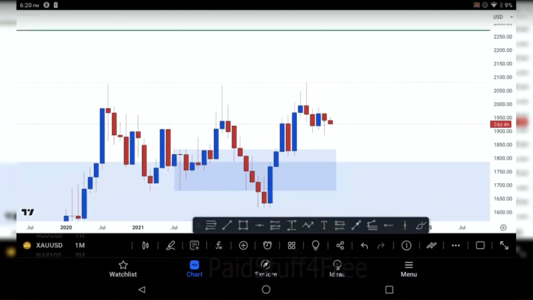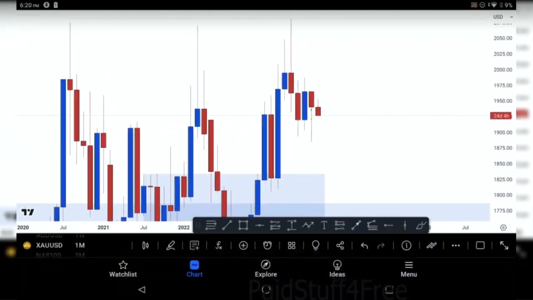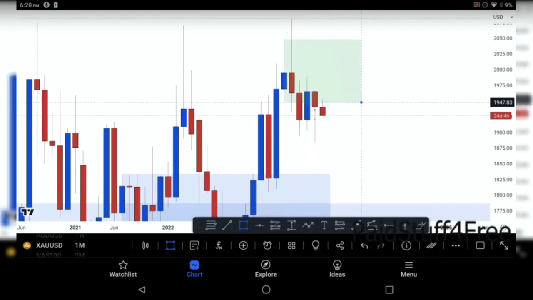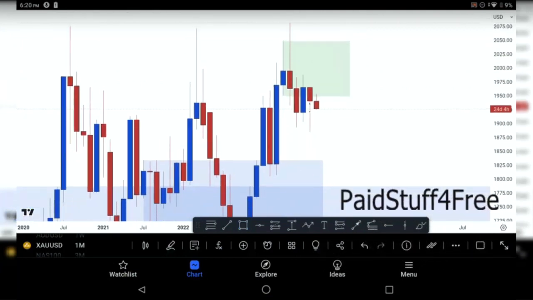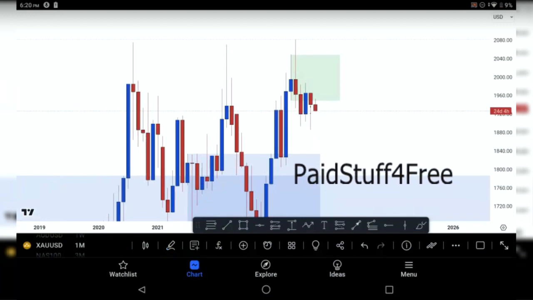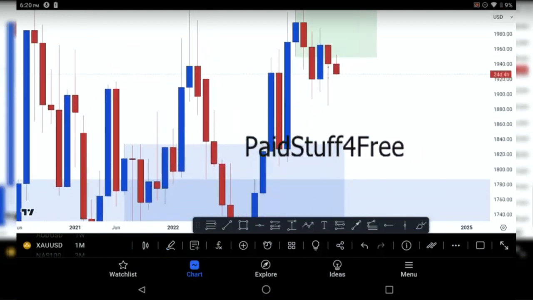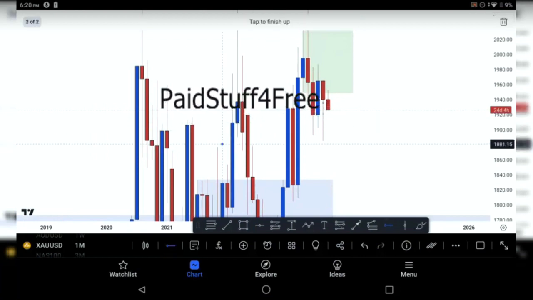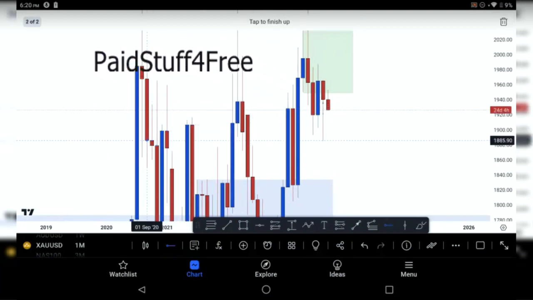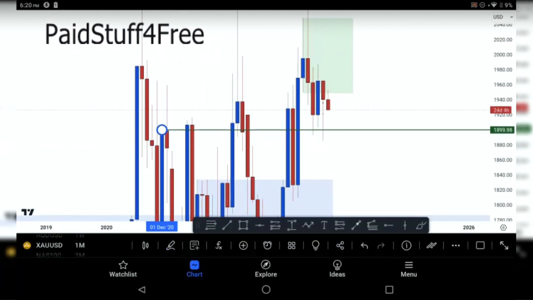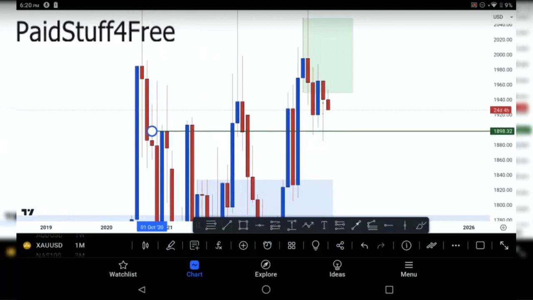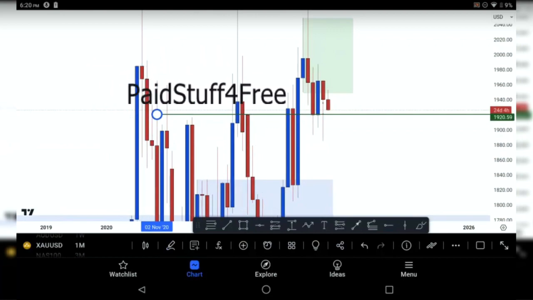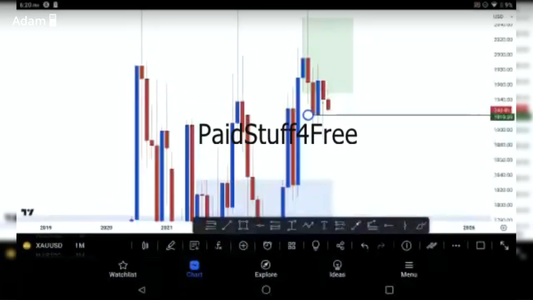On a daily time frame, price created an engulfing sell right here. And when price pulled back to that zone, I wanted to sell the market down to this SNR zone. I don't want to take you on SNR classes now because I don't want you guys to be confused. Price was going to sell first of all to this SNR zone here.